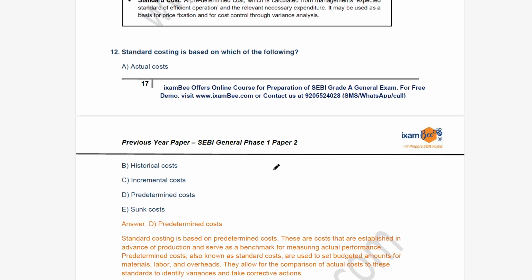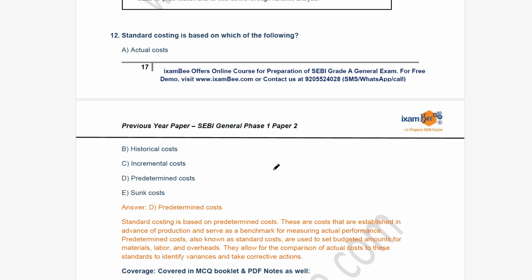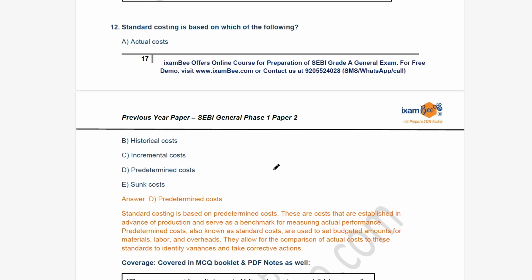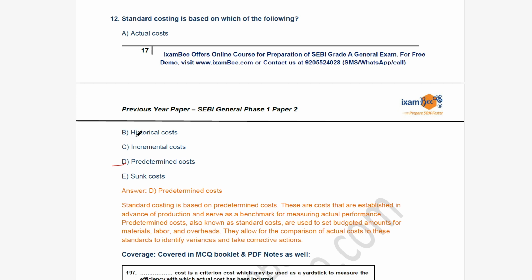Next question is, standard costing is based on which of the following? So standard costing is actually based on predetermined cost, because that forms the basis. They become the standards against which the actual costs are compared, what we do in variance analysis. So that is the basis, not the actual cost or the historic cost.